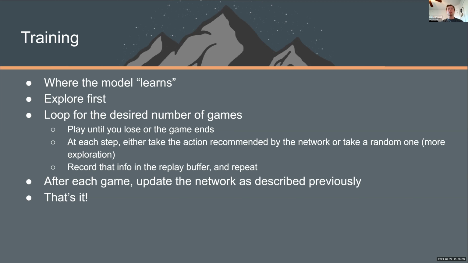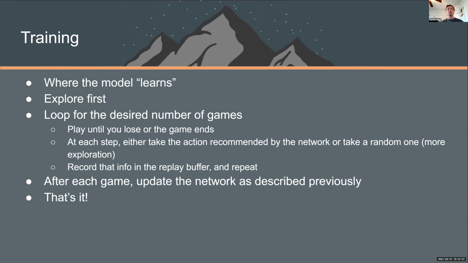You loop for a certain number of games, and you play the game until you lose or the game ends because it has some sort of time limit or score restriction. Then at each state in the game, you're either going to take the action recommended by the network or a random one.